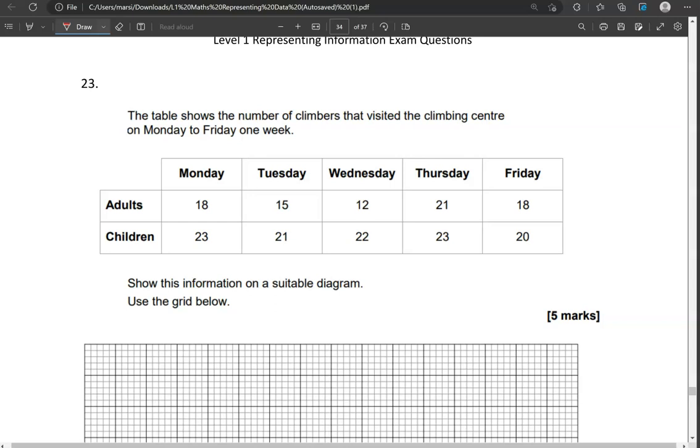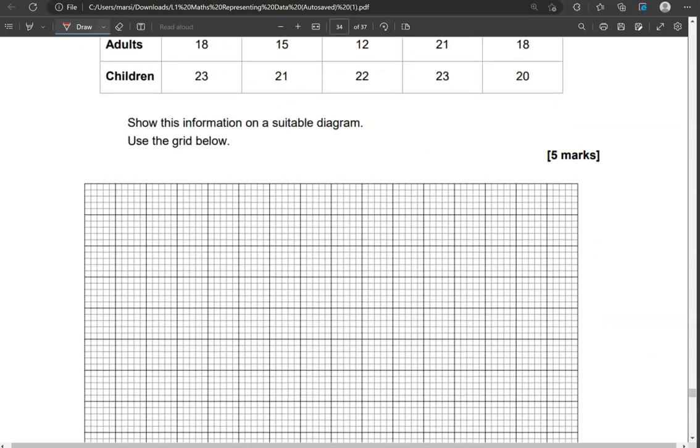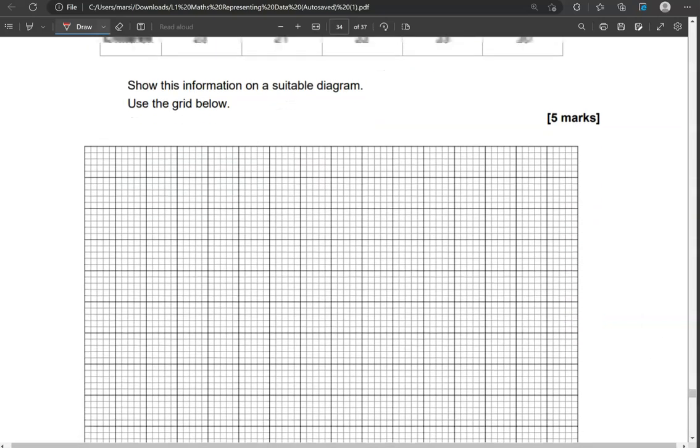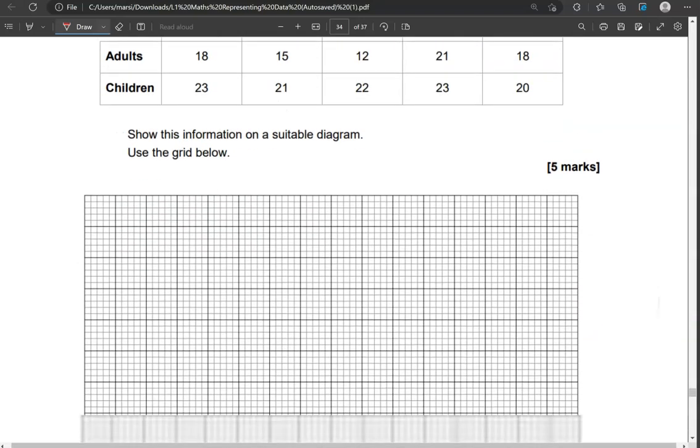Again, as we're showing the number of climbers over time, we can draw a bar chart or a line graph. So any of the two would be suitable in this case. I'm going to show the days, Monday to Friday, horizontally. I'll go for a line graph simply because there is less to draw.